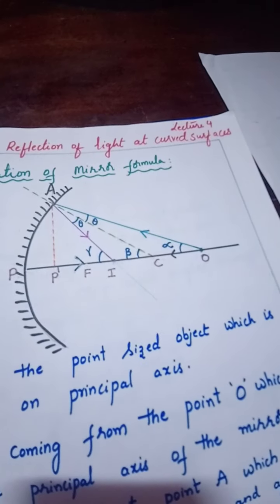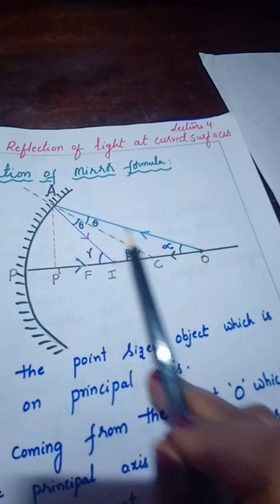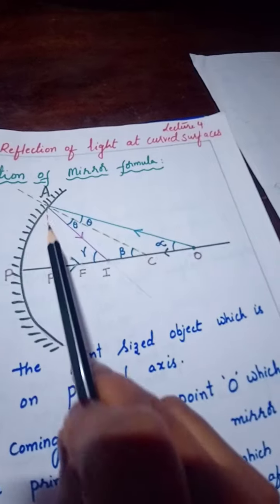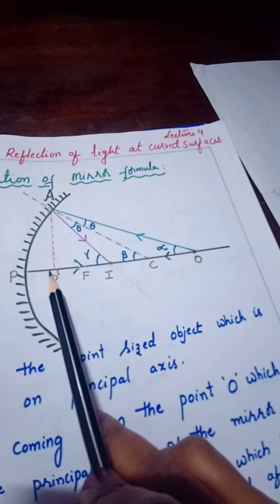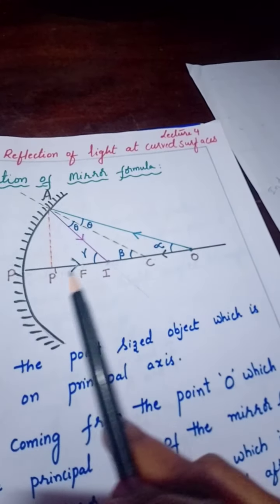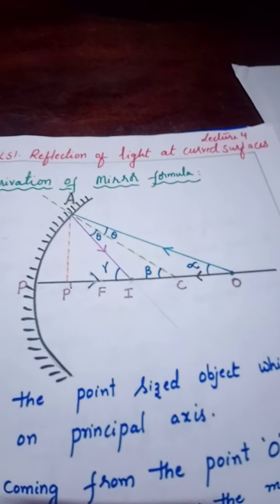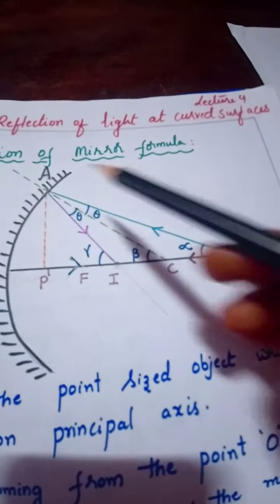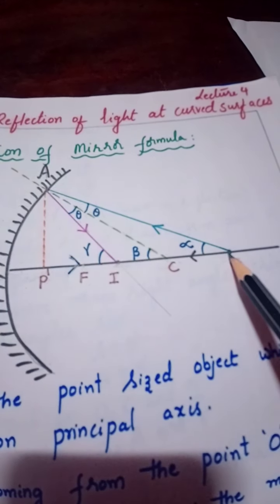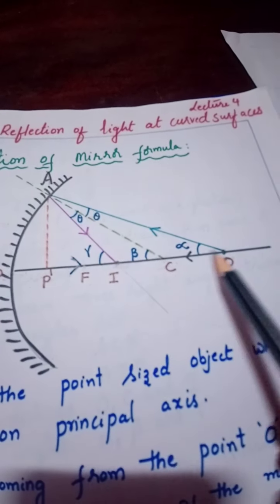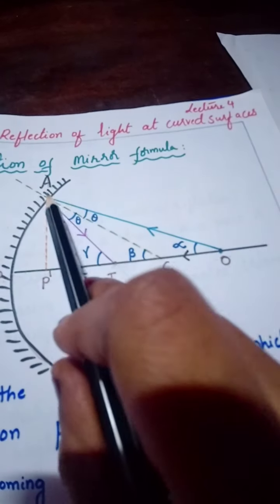AOP dash, ACP dash, AIP dash. I repeat, these are the three triangles we are using to derive the mirror formula. We can see AOP dash, the big triangle. Next one ACP dash.